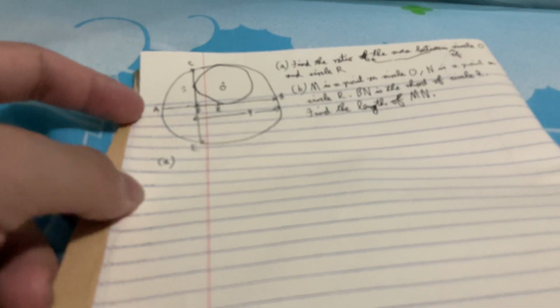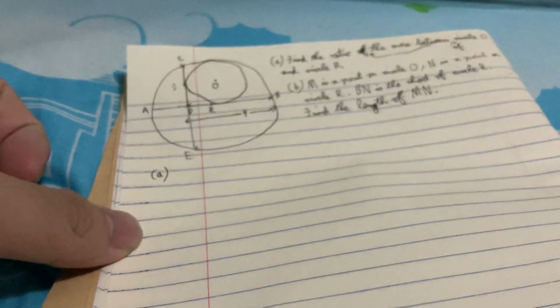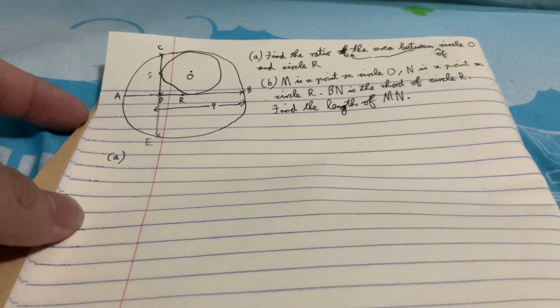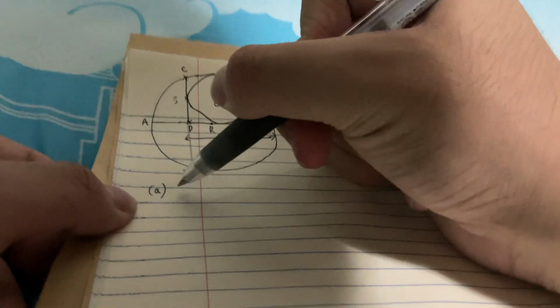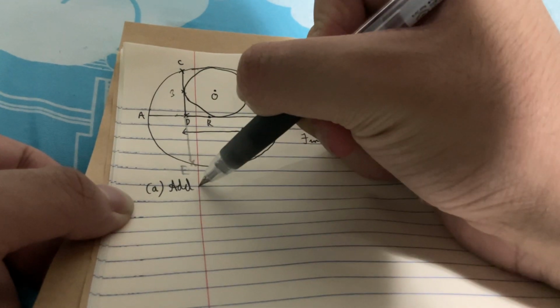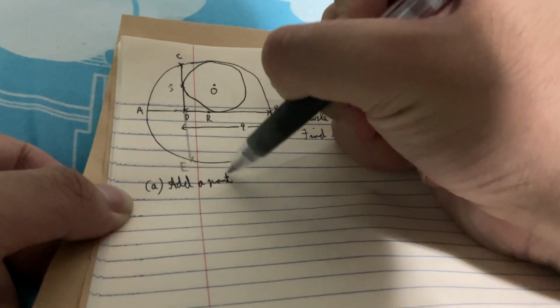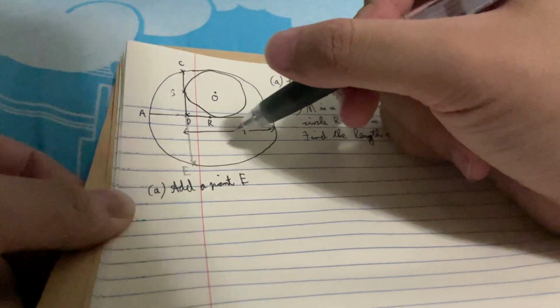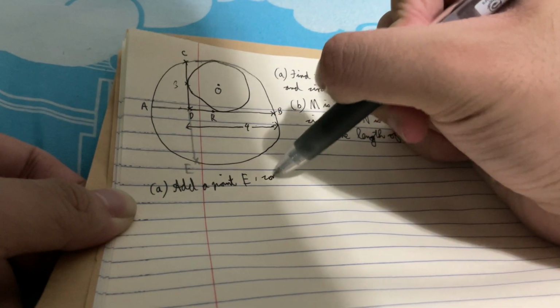Wait a minute, the screen is kind of, what? Yes, the A part: we are going to add a point E.